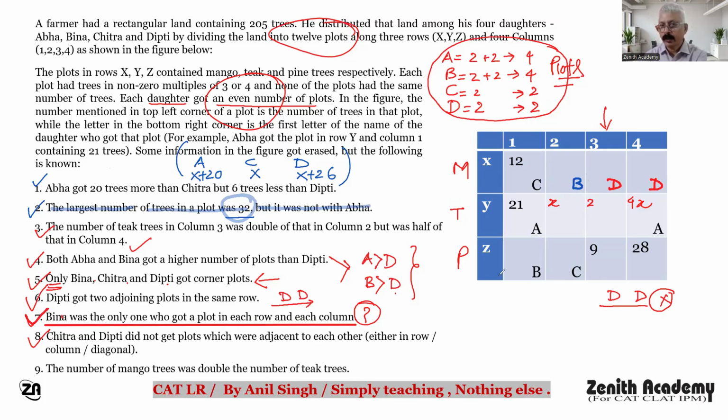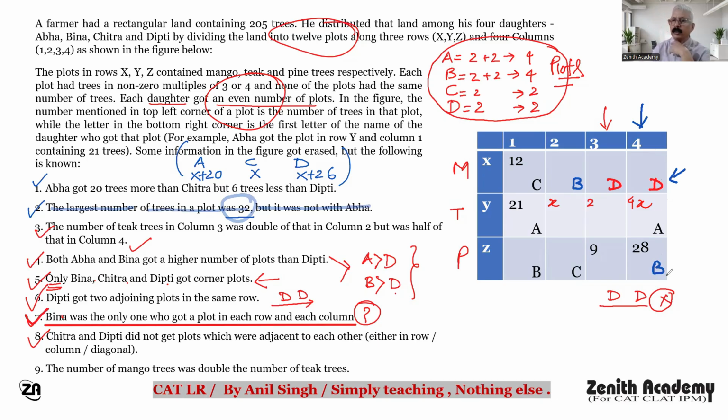Here in the first column and third row. But Bina has four plots. Now look here, row X and column 4 is with D and here with A. So only this is left, and for Bina's presence in column 4, Bina can be only there.